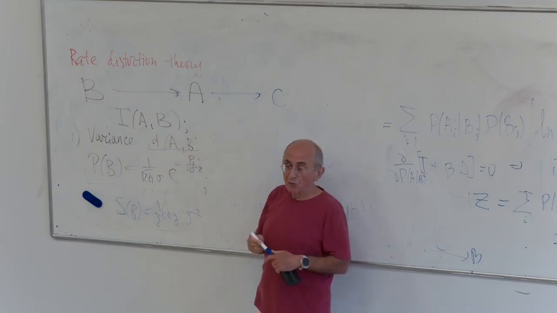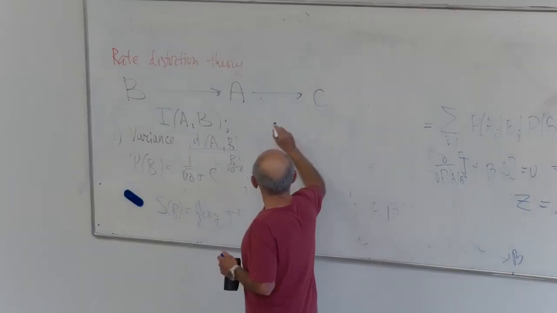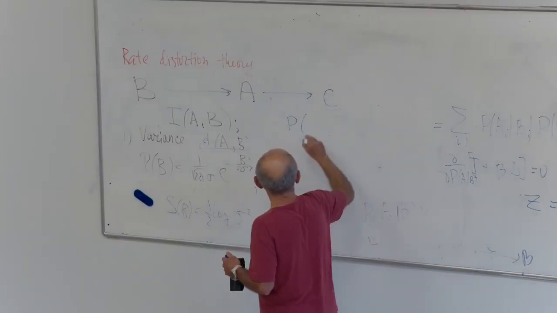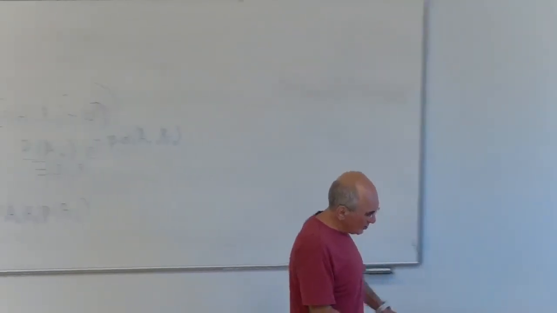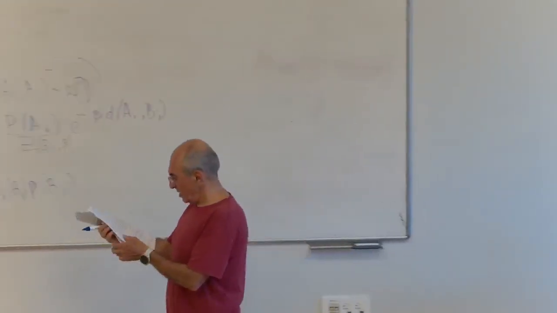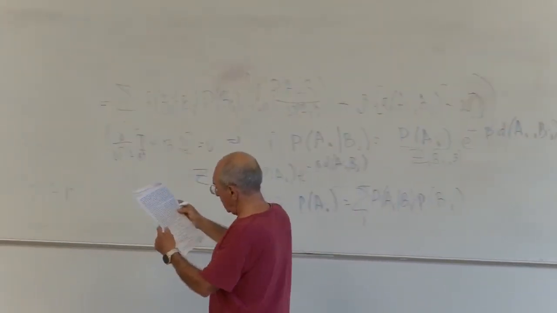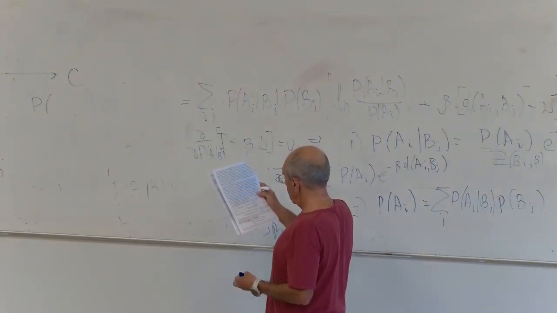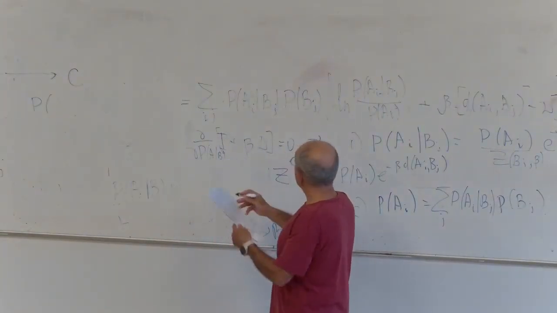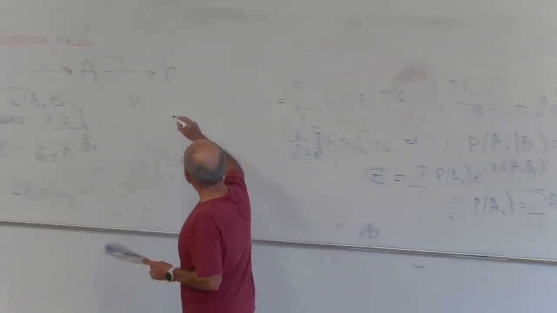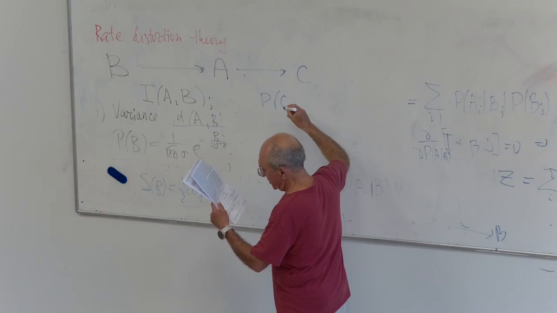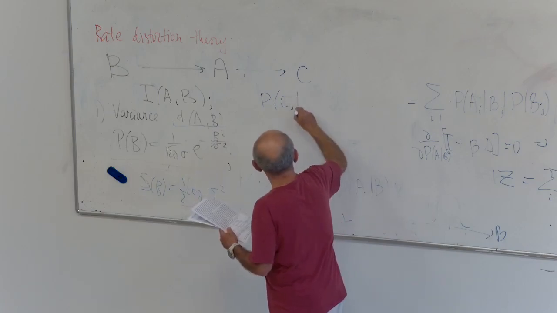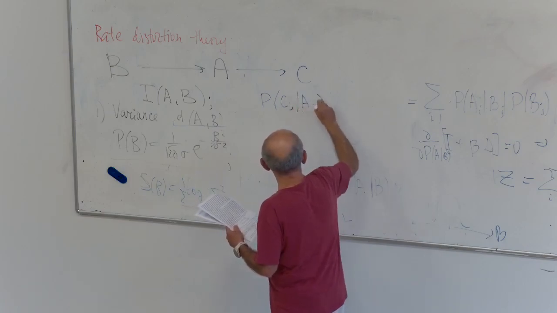Okay? So you'll be looking at some conditional probability. So you'll be looking for the conditional probability of encoding, which I call CJ, under a given condition AI.